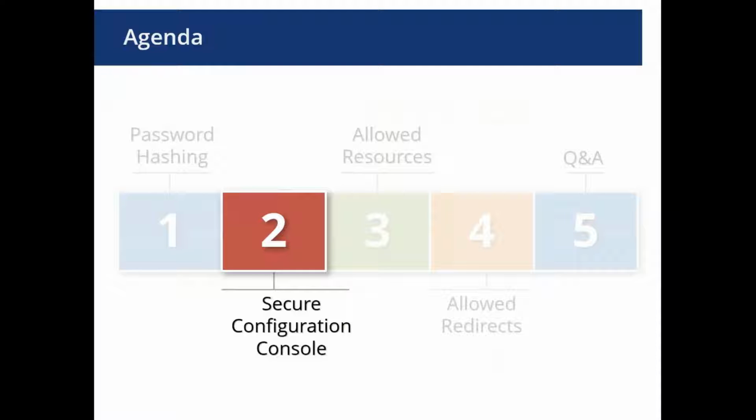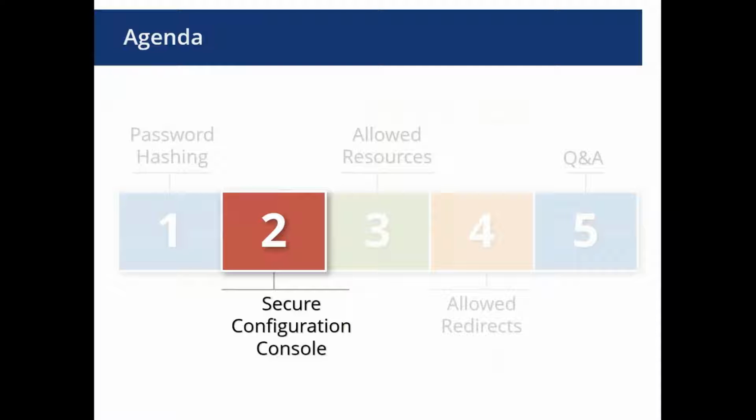The configuration also drifts over time. So not only may you not have done a hardening initially to make it secure, things are changing over time. So settings may be changed. We find all the time Oracle MetaLink notes that tell you to actually make the application less secure. Oh, if you're having a problem, go turn this off. Go change that parameter. And those parameters may not be secure settings.